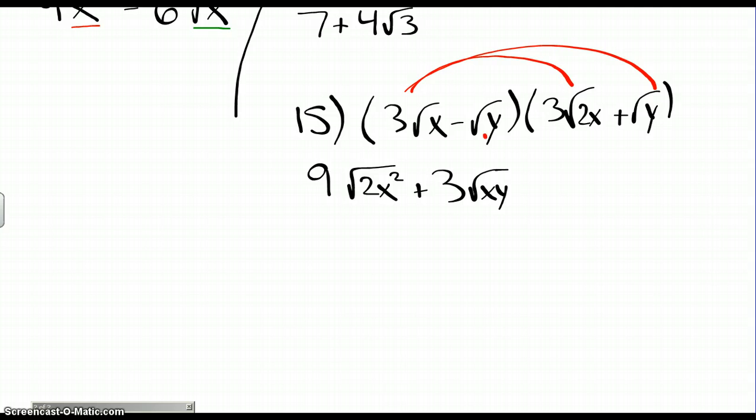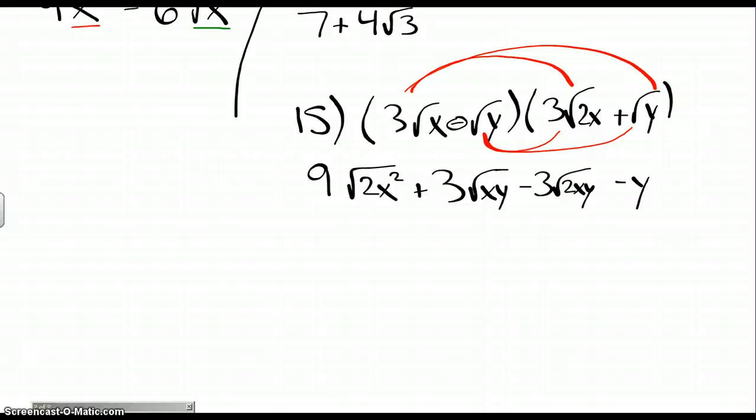Then I'm going to distribute the square root of negative y, which gives me a negative 3 times the square root of 2xy. And I'm going to distribute that square root of negative y over here. The square root of y times the square root of y is just y. And remember there's a negative right here, so that's going to give me a negative y.